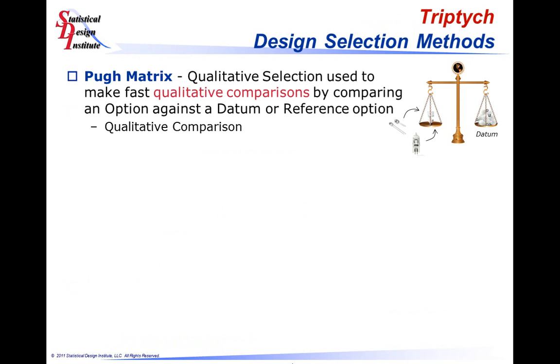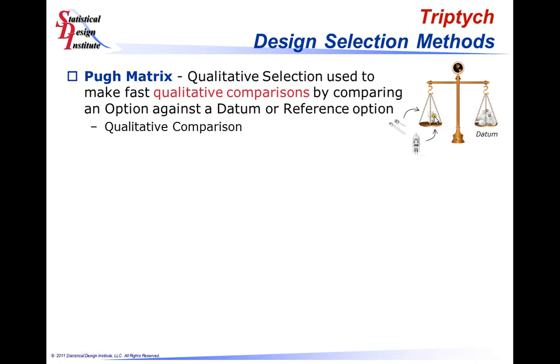So the Pugh Matrix technique is basically a qualitative selection that you can perform by doing fast qualitative comparisons by comparing an option against a datum or referenced option against each one of your criteria. So it is just a qualitative comparison of, say, a current option with respect to a datum, and saying for this option against a particular criteria, is it the same as the datum condition?